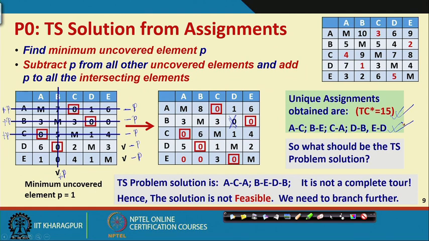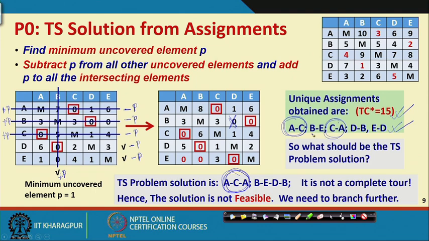But what does it say about the travelling salesman problem solution? If you combine, A to C and C to A together combine to A to C to A. If you think, you will find that this is a subtour, right. A subtour has been obtained.